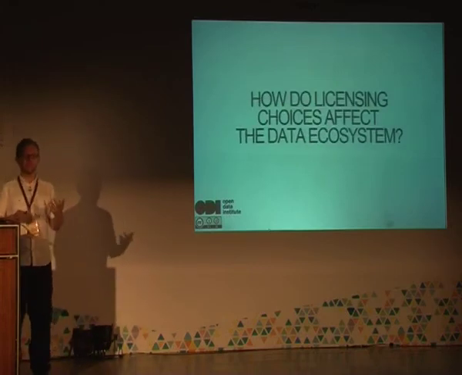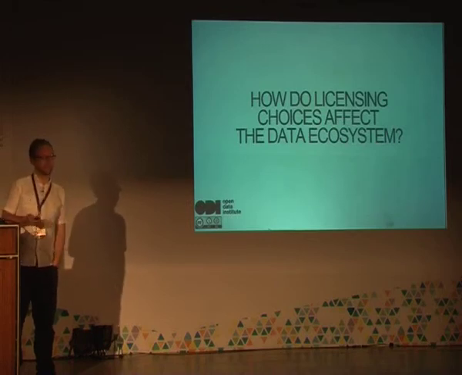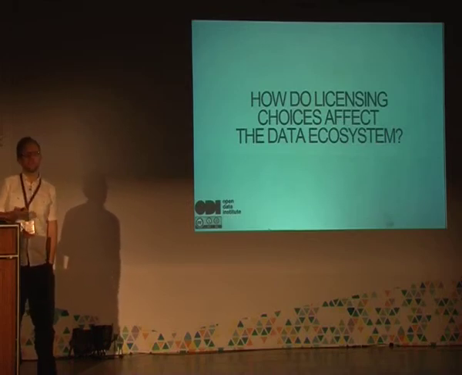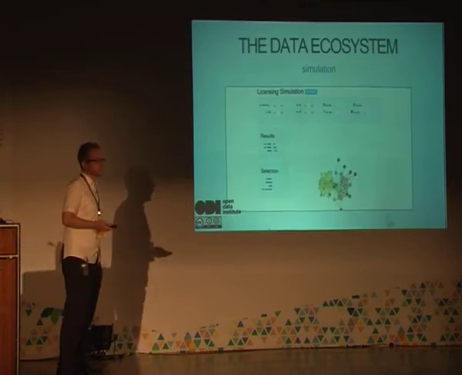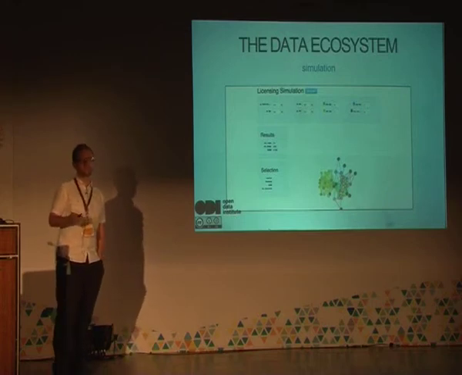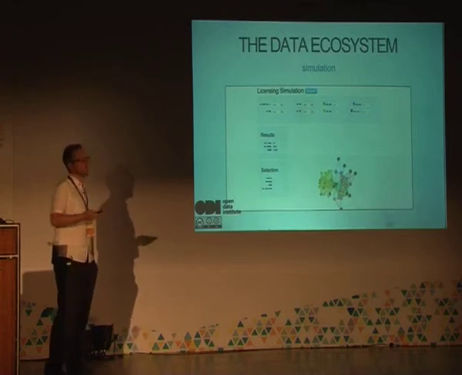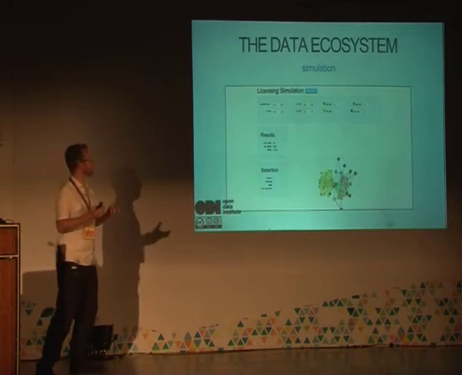When we think about all these different licensing frameworks, we ask how that actually influences the open data ecosystem, or the data ecosystem as a whole. What we've done here is an initial attempt at a simulation of what happens when you have an ecosystem that combines data that's licensed in different ways.